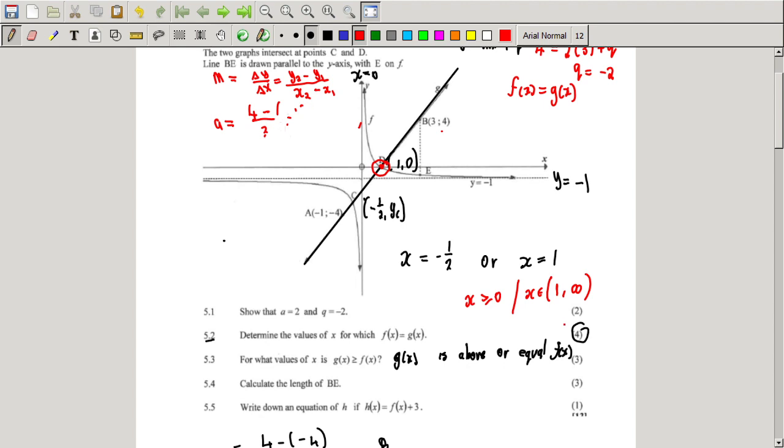Yeah, beautiful. So is that the only place? Let me check. And also here, guys, beautiful. Here g of x is also above f of x, because this is also f of x. So we know the x coordinate is from -1/2 to 0.